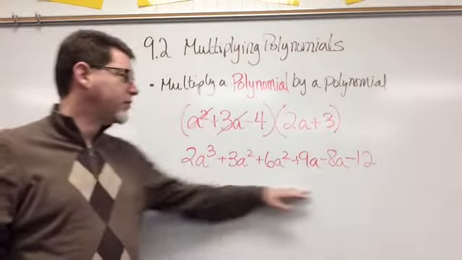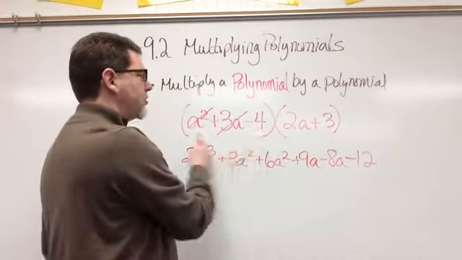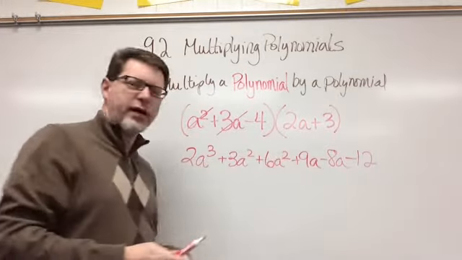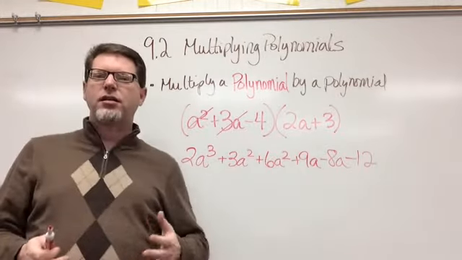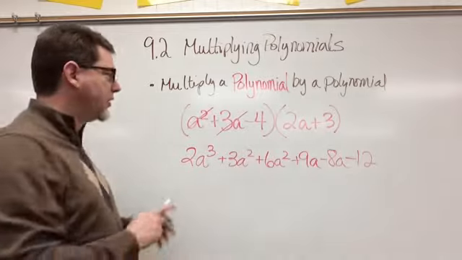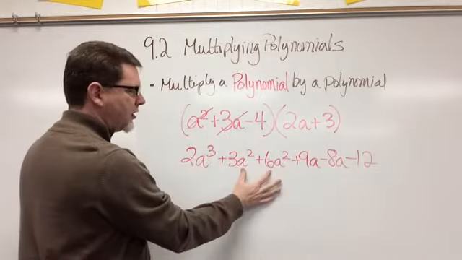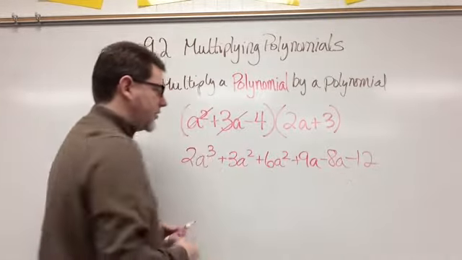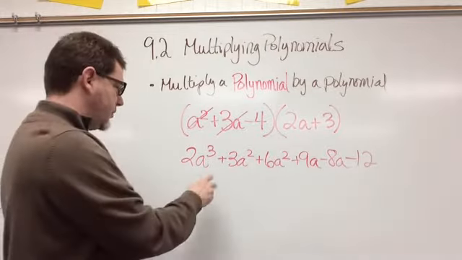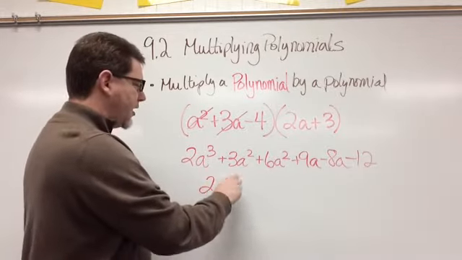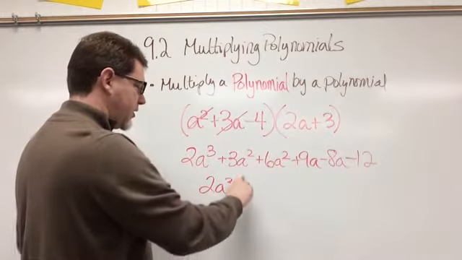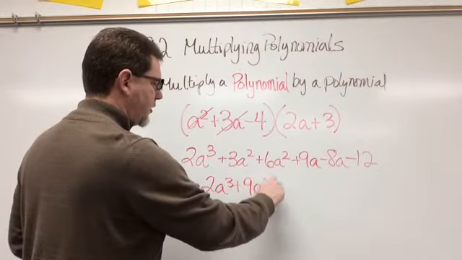So at this point I have multiplied everything in the trinomial by everything in the binomial. Now I need to combine like terms. And the cool thing is, if you do it the way I did, your like terms end up next to each other. So I have 2a cubed, and then 3a squared plus 6a squared is plus 9a squared.